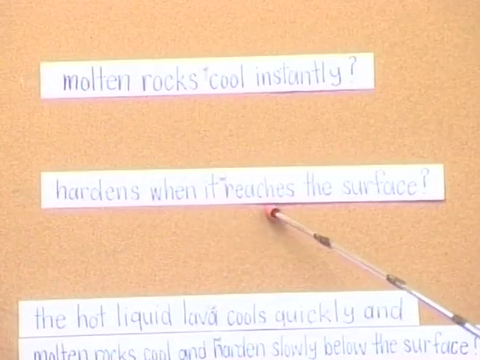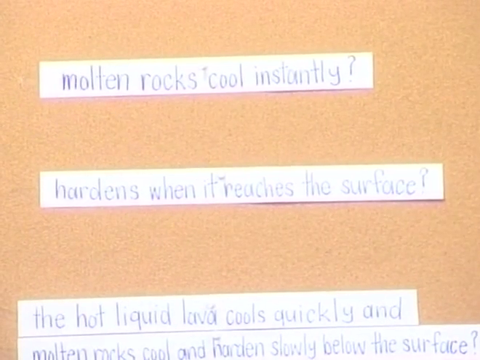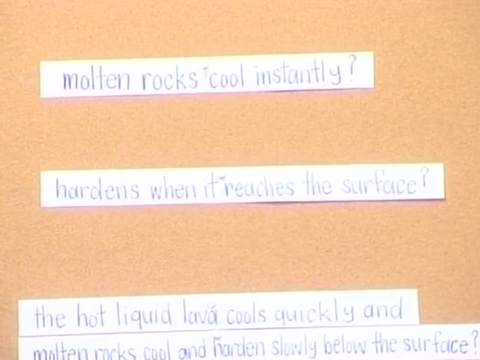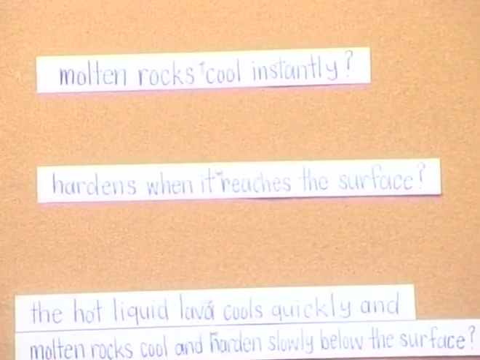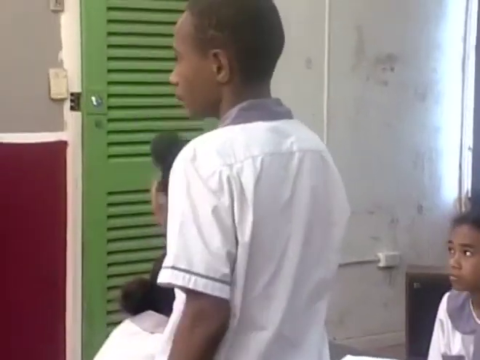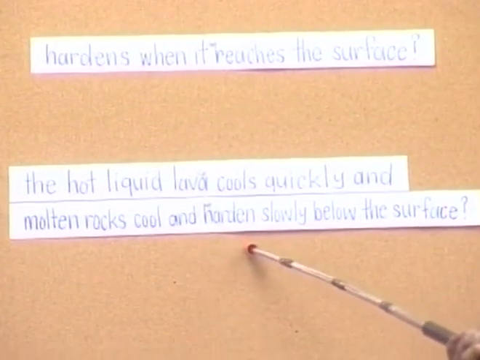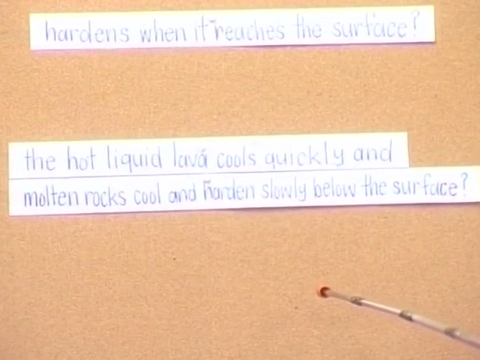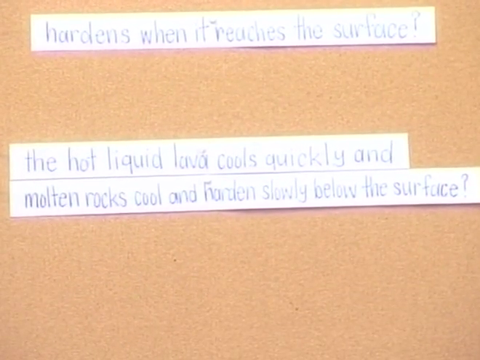Which rock hardens when it reaches the surface? Brendan? Basalt. Come on again. Basalt. Basalt, thank you. The hot liquid lava cools quickly and molten rocks cool and harden slowly below the surface.